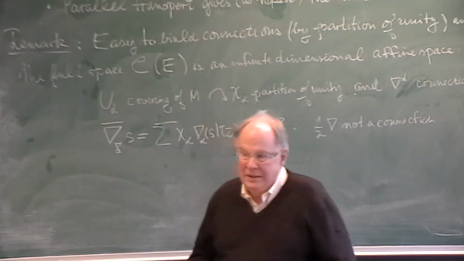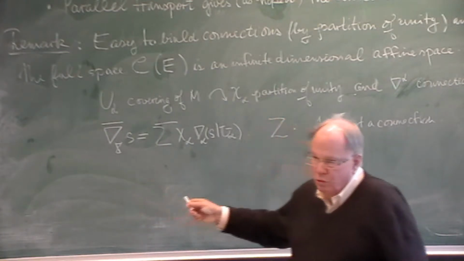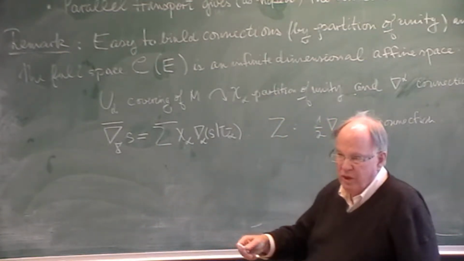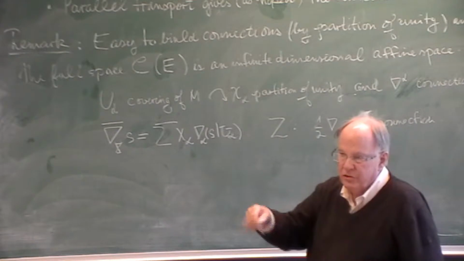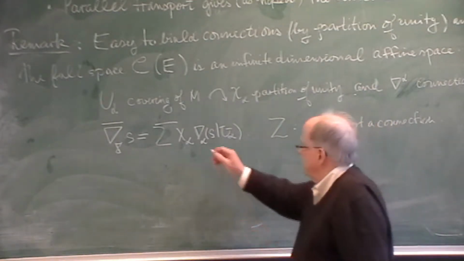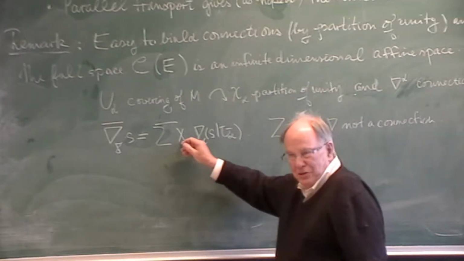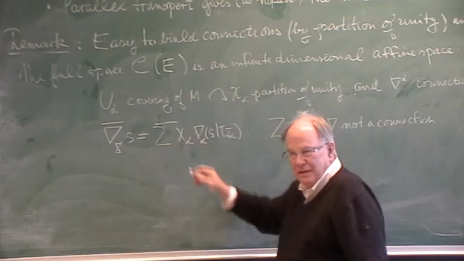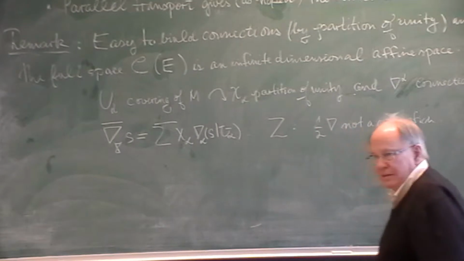Okay. You just check the derivation rule. You know what I mean by the derivation rule. Nabla of Fs is equal to what I just wrote there, right? You will see how you really use that it's a partition of unity, and it's okay.